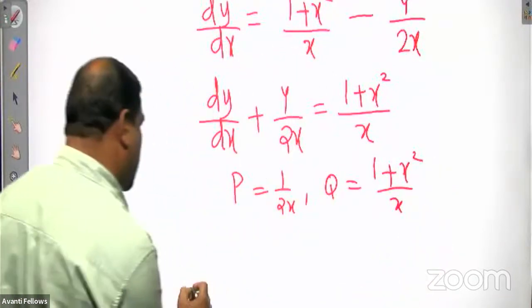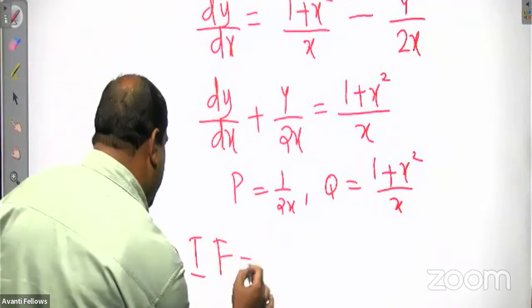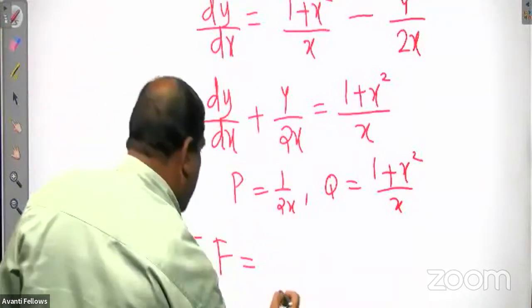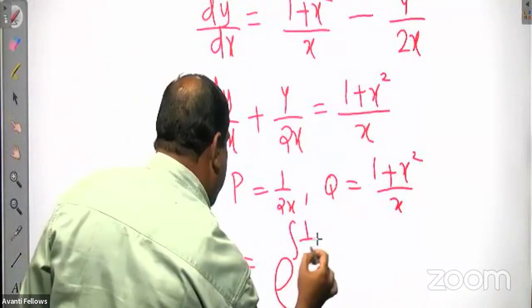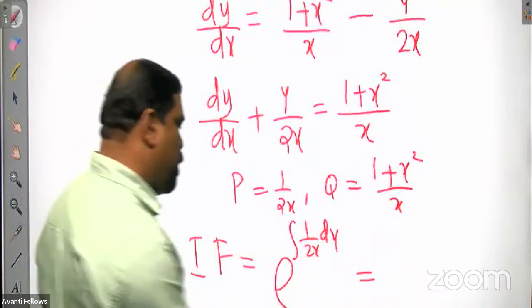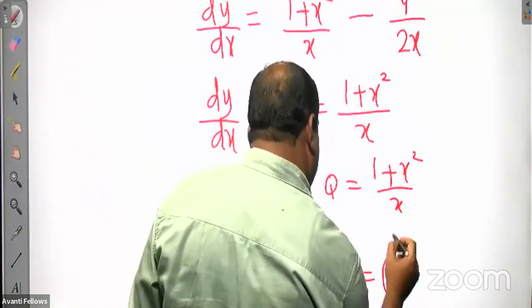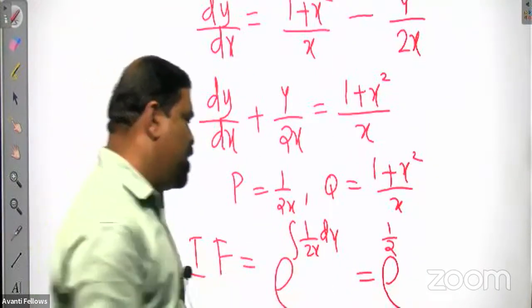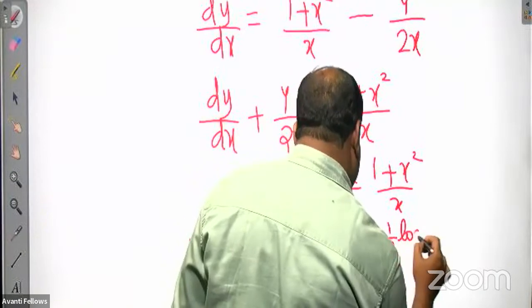So integrating factor is e raised to integral p dx, 1 by 2x dx. E raised to integral 1 by 2x dx. 1 by 2 is a constant, take it outside, then 1 by x dx means log x.